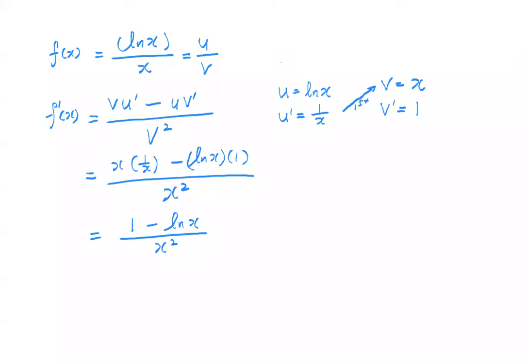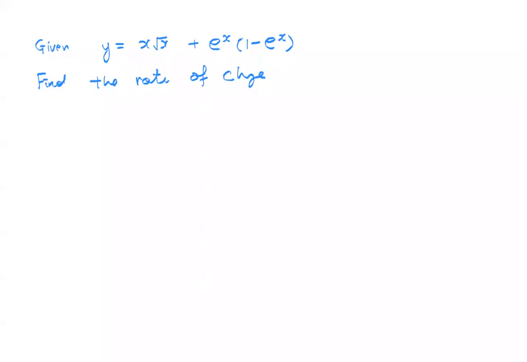Tell me how to find dy dx for this. Given y equals x root x plus e to the power of x times 1 minus e to the power x, find the rate of change at x equal to 2.